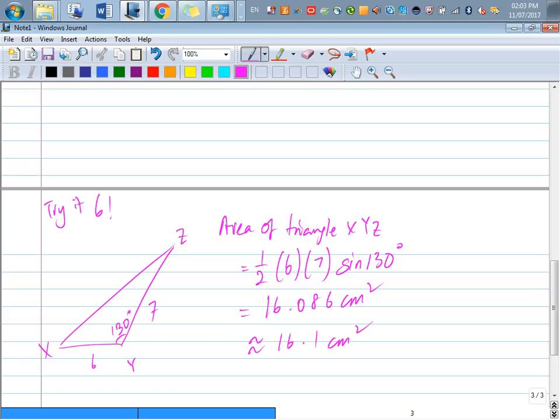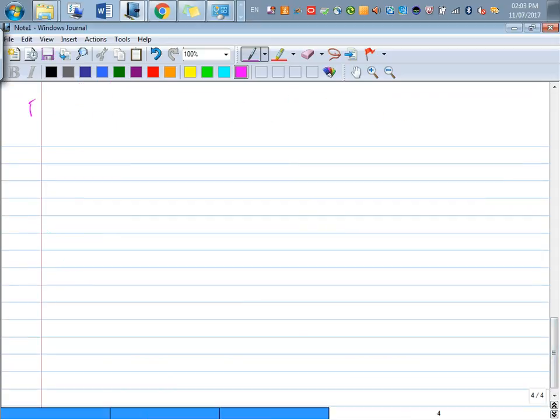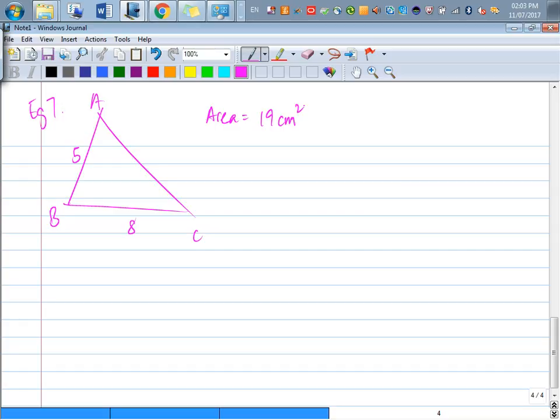Okay, next. Let's look at example number 7. So we have triangle A, B, C over here. This is 8, 5. So the area is equal to 19 square centimeters.